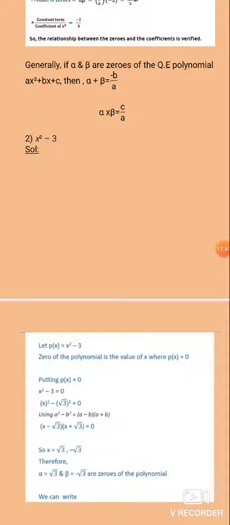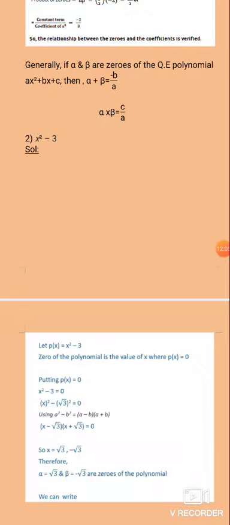Now we can apply the identity of the a square minus b square form. So a square minus b square is what? A plus b into a minus b. So x square minus root 3 square can be written as x plus root 3 into x minus root 3, equated with 0. So the first zero is what? X is equal to root 3. Second zero, what? X is equal to minus root 3.